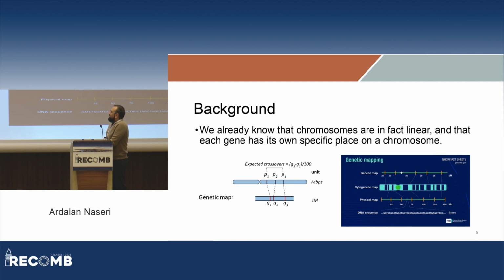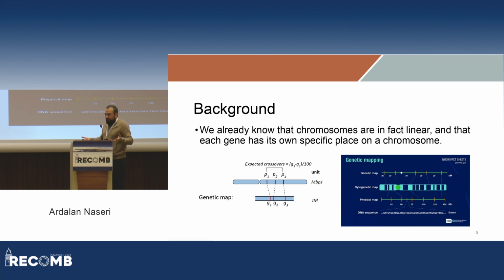The unit people usually use is the centimorgan, and one centimorgan means the probability of having a crossover is 1%. If the distance between P1 and P2 is 100 centimorgans, you're probably going to have one crossover between P1 and P2.